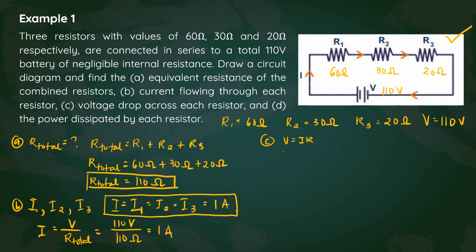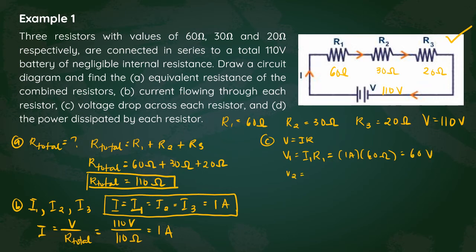Now, to solve for the voltage drop in resistor 1, that will be, of course, the current flowing through resistor 1 and the resistance of resistor 1, which is 1 ampere times 60 ohms. So that will give us a voltage drop of 60 volts.